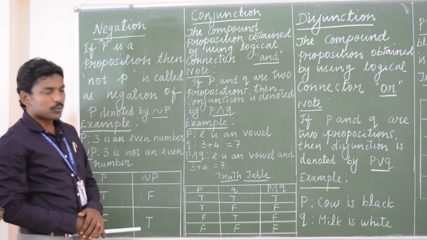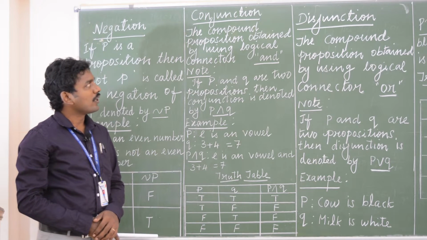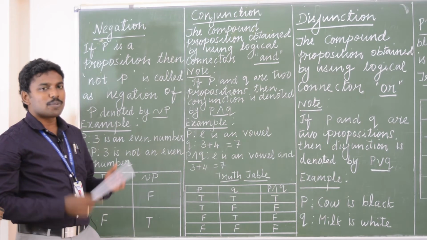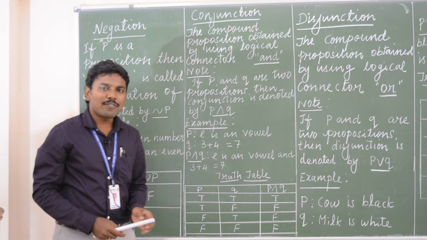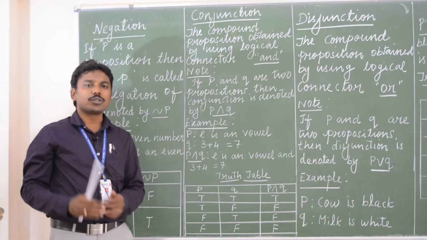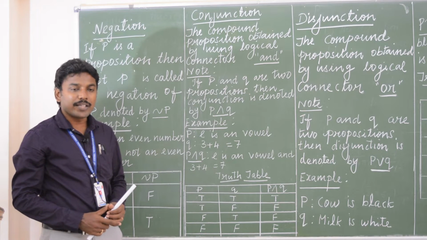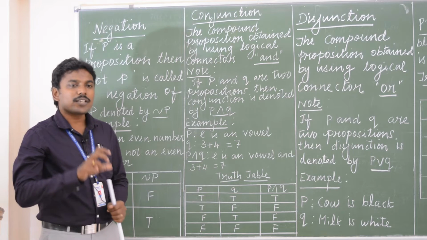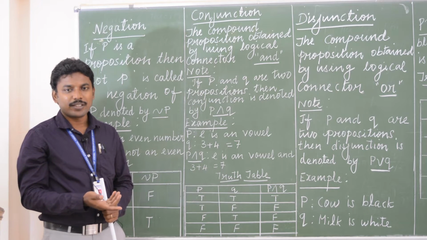Now let's come to the truth table of the compound proposition, that is conjunction. Before that let me tell you one thing, never forget AND binds. A and B should come to staff room means that the sentence becomes true if both come to staff room.